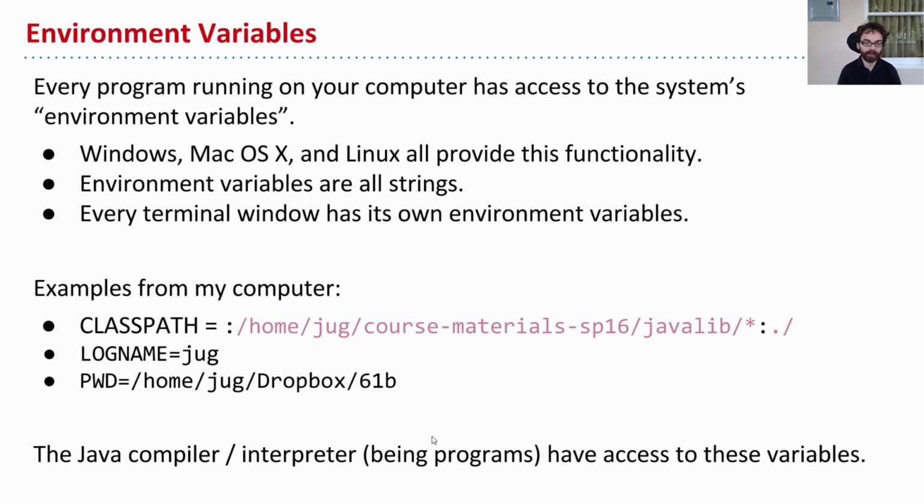So examples from a terminal window on my computer, I might have CLASSPATH equals this whole string. I might have my LOGNAME as jug, which I guess is my login on this computer. I have here the PWD, which is the present working directory, and this changes anytime you change directories, and so forth. There's many, many such variables, okay?